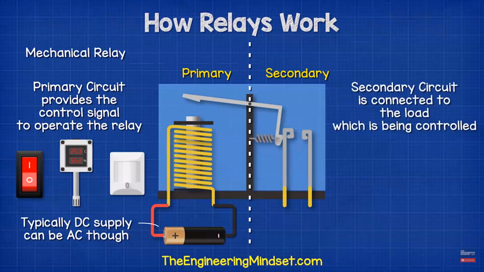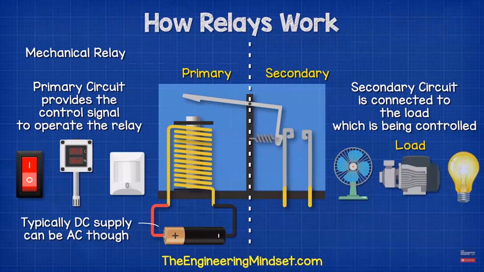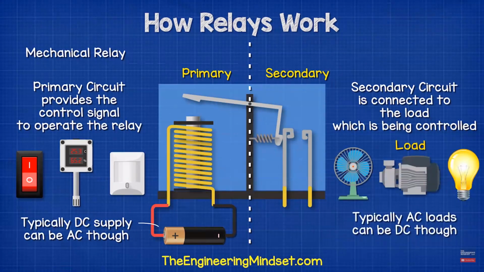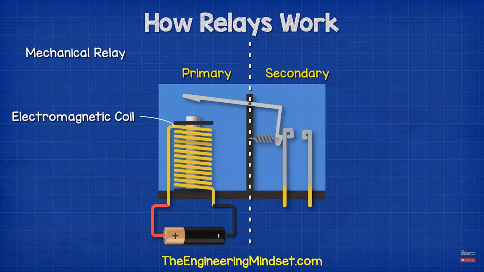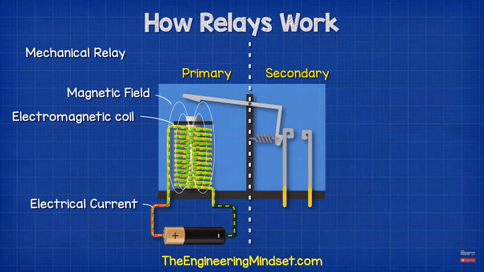The secondary circuit is the circuit which contains the load which needs to be switched and controlled. When we talk about a load, we mean any device that will consume electricity, such as a fan, a pump, a compressor, or even a light bulb. On the primary side, we find an electromagnetic coil. This is a coil of wire which generates a magnetic field when current passes through it.